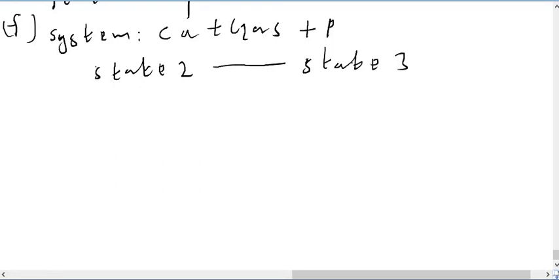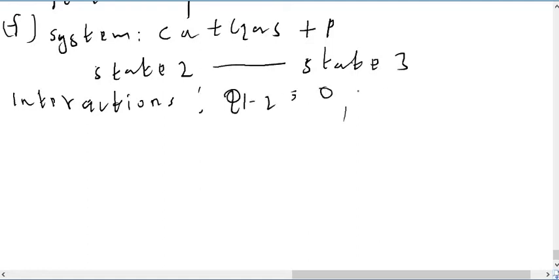So now what is the interaction? No heat, no work transfer.